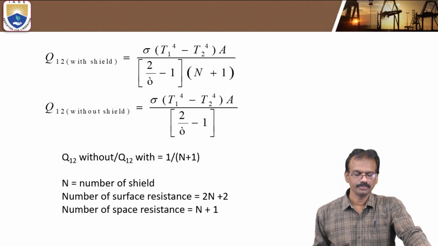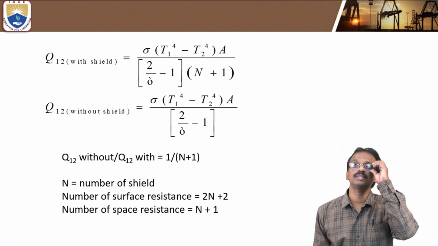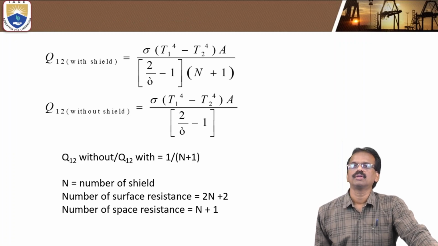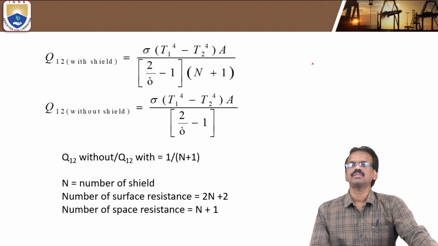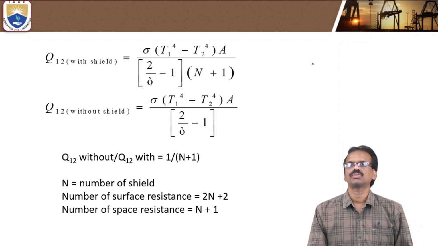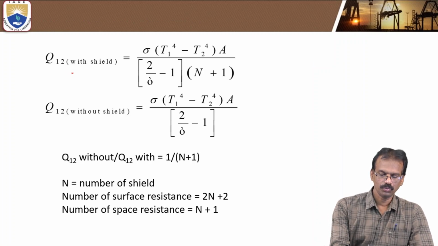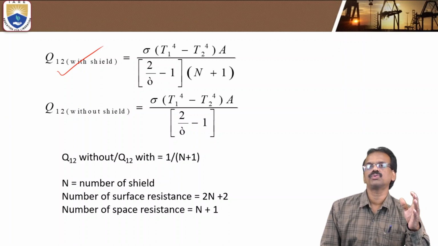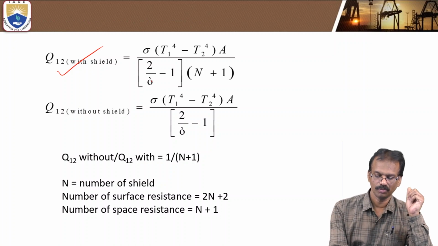Here we can see two types of formulas: the rate of heat transfer between two surfaces with shield or without shield. This is the formula for Q12, the rate of heat transfer from surface 1 to surface 2 with shield.